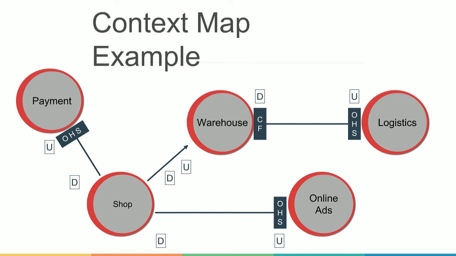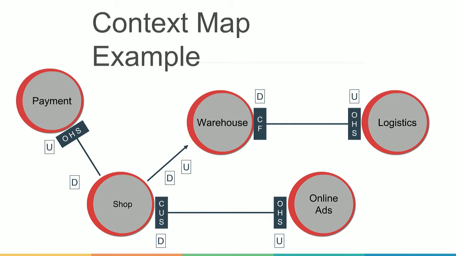So for instance, let's say FedEx is our logistics provider. They provide a web service, and warehouse is a conformist to the model of FedEx, which means they run on the model of FedEx, and they are tightly coupled to that model.